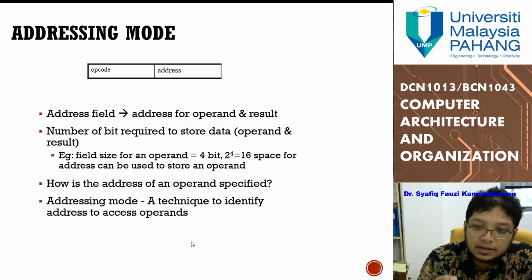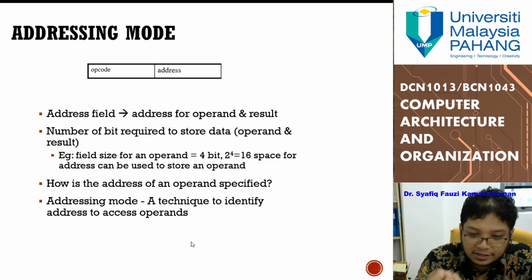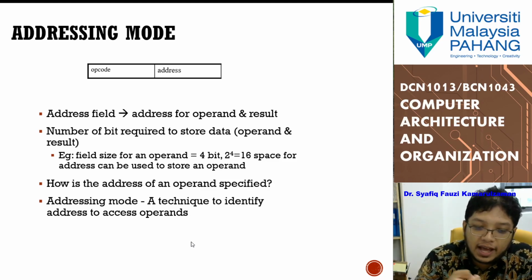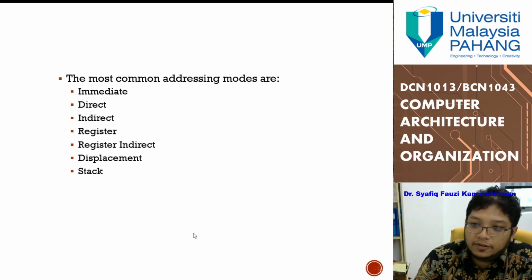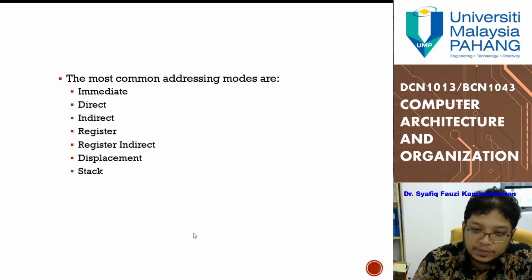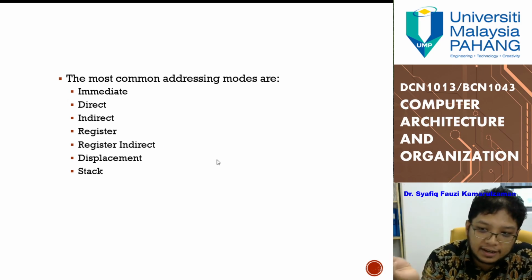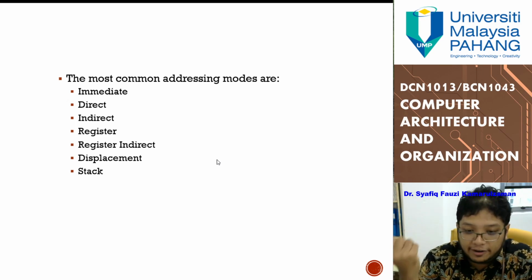There are a certain number of bits allocated for these addresses. In addressing modes, there are a lot of techniques to identify the address to access the operand. Some of them are immediate, direct, indirect, register, register indirect, displacement, and stack addressing modes.